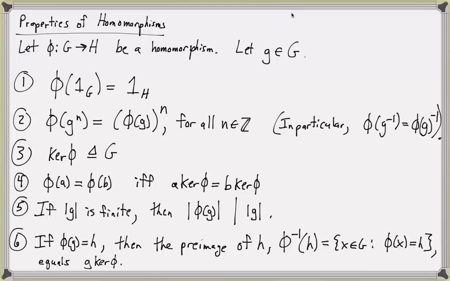So if phi of g equals h, then the set of all elements that get mapped to h equals the left coset g kernel of phi.